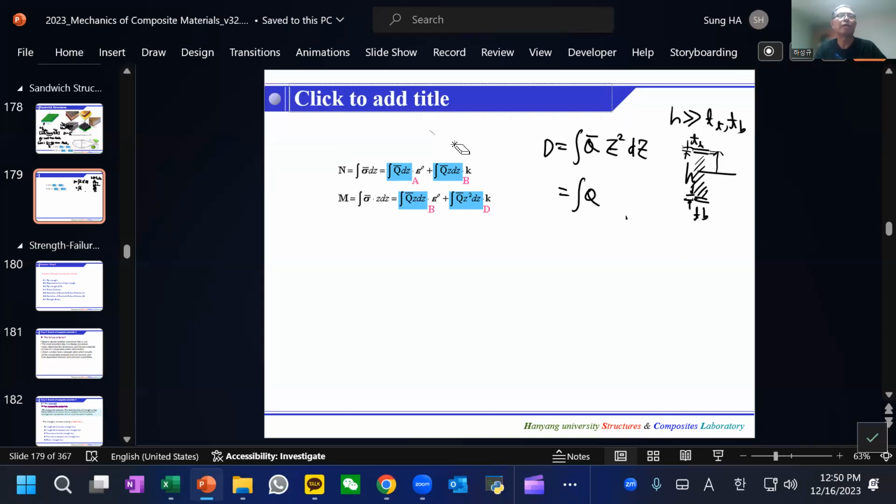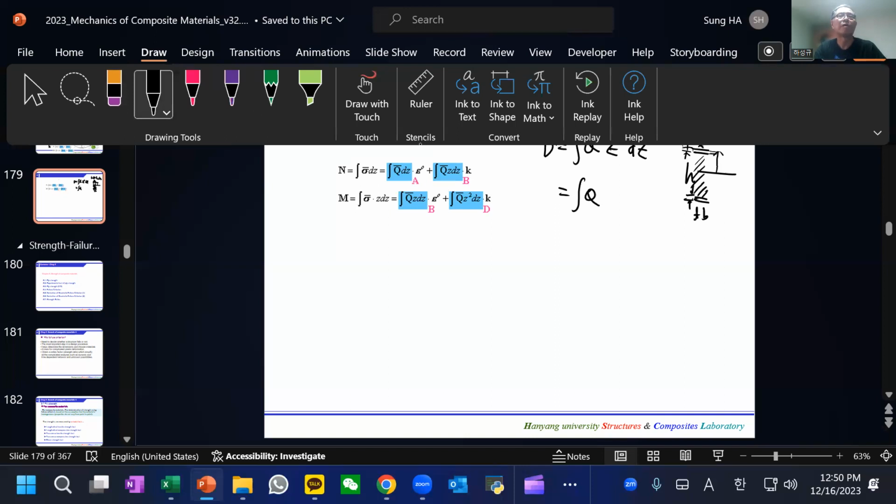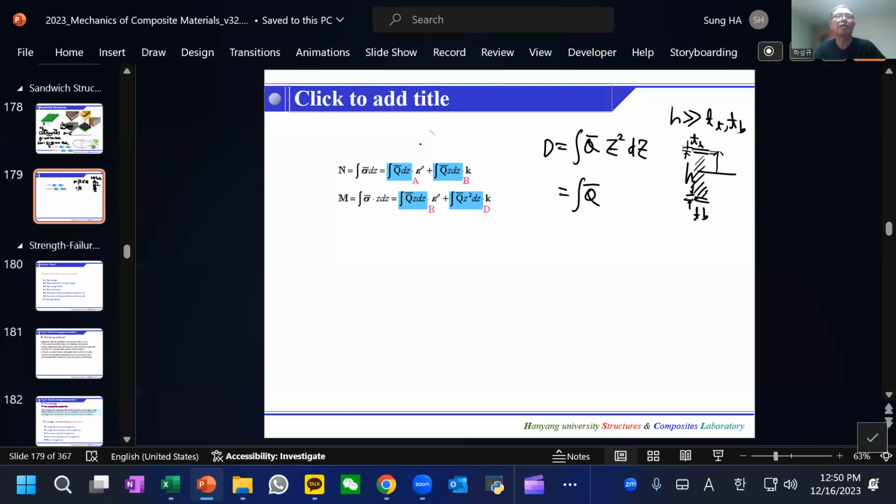You can say that this is a Z Q bar, and the Z scale can now be approximately considered as the H scale.